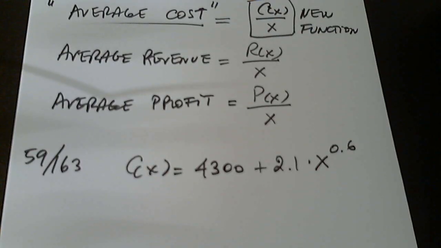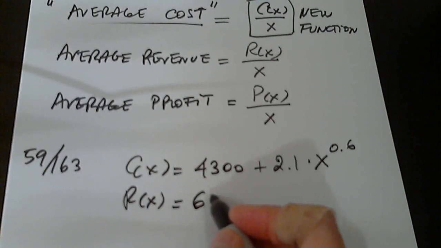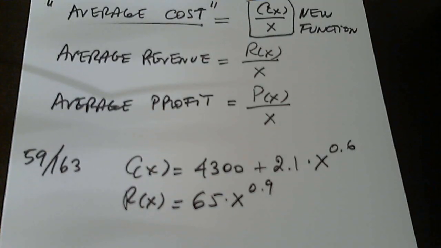If the revenue from the sale of x units is given by R of x, which is 65 times x to the 0.9, find the rate, which is the derivative, at which the average profit function per unit is changing when 50 units are produced and sold.